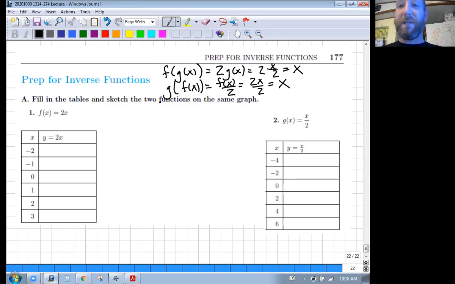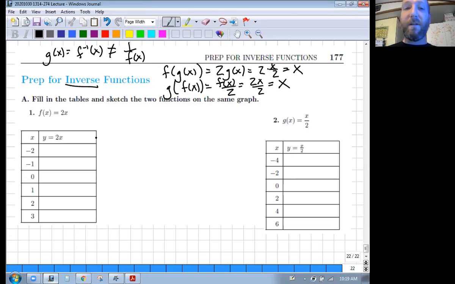There is a notation: g of x is f inverse of x. When you put a negative 1 on a function like that, they do not mean 1 over. It means the inverse. G is f inverse, and vice versa.